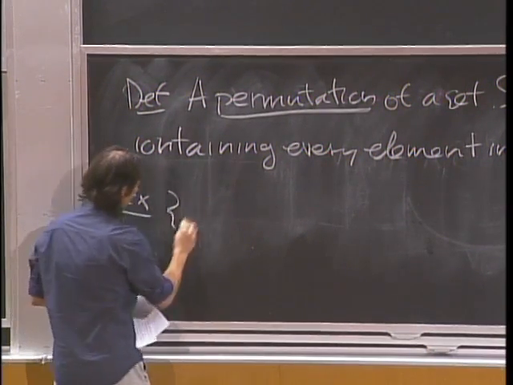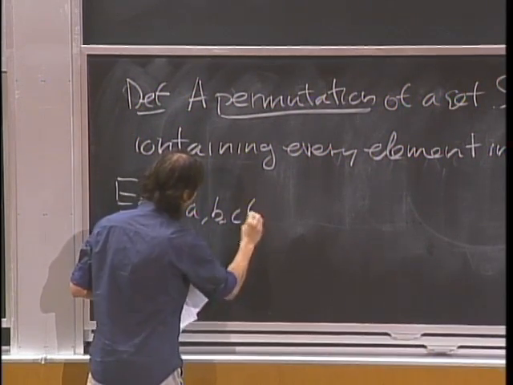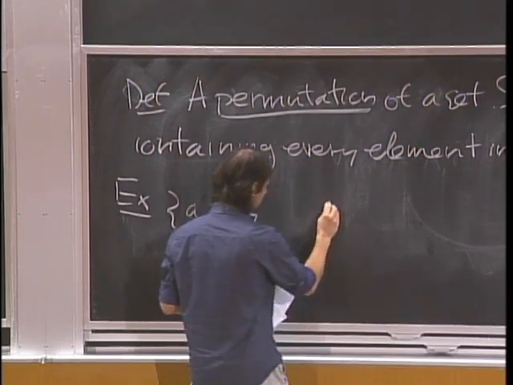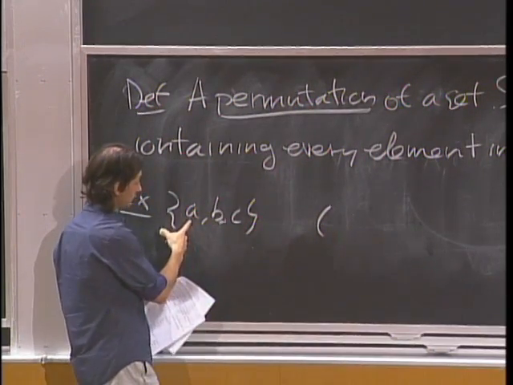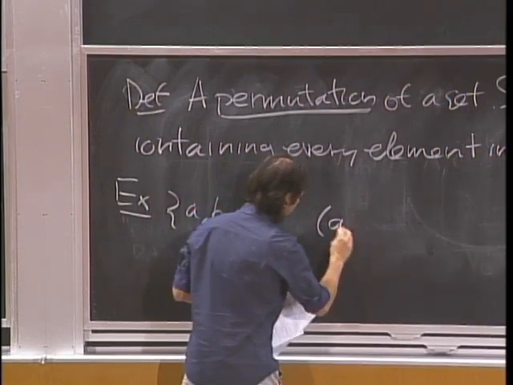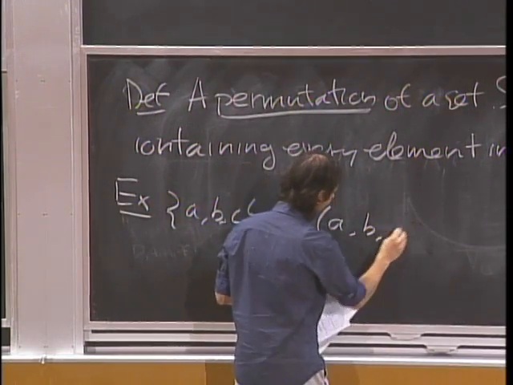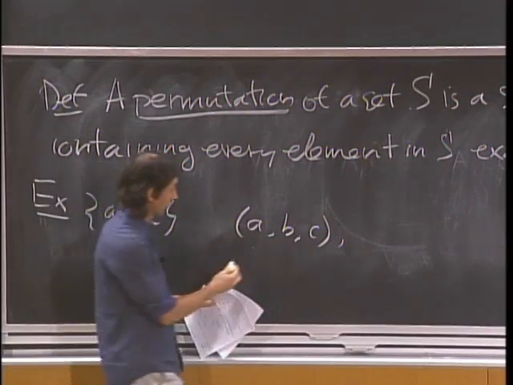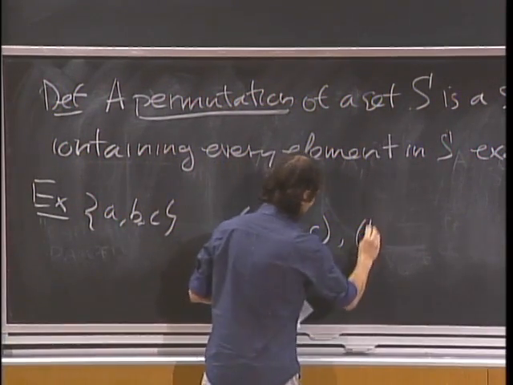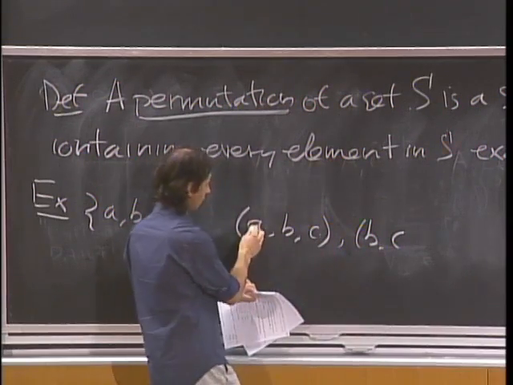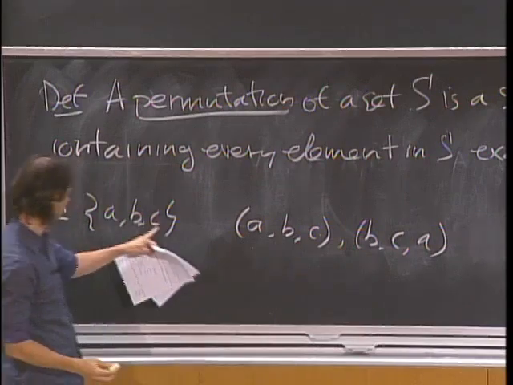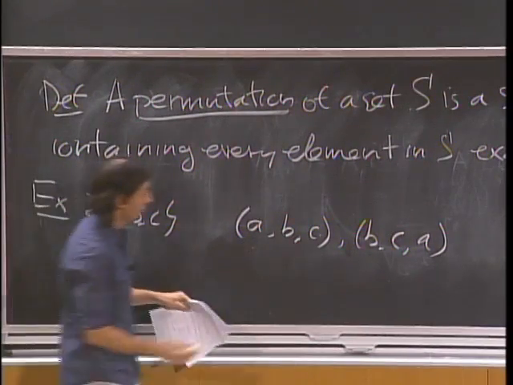And, well, how many permutations are there? So, first one, I may just order the elements in A, B, and C. So I have, say, the sequence A, and then B, and then C. There are many more. I can, for example, start with B, and then C, and I may cycle through to A. That's another permutation of these three elements. And I can do that once more.